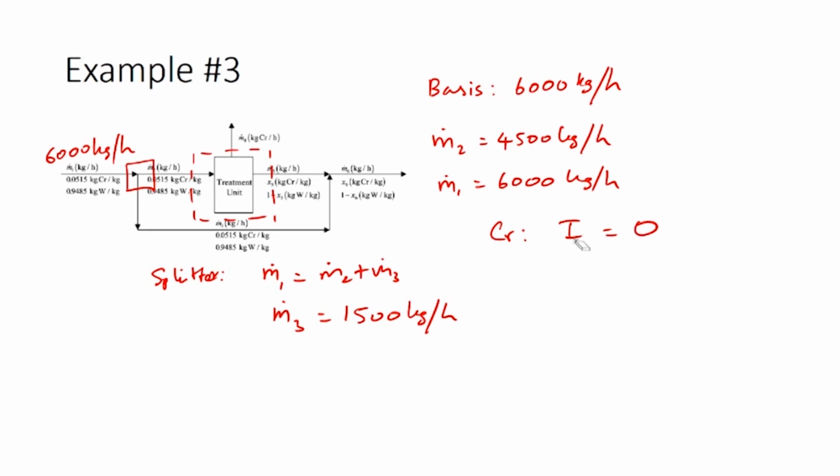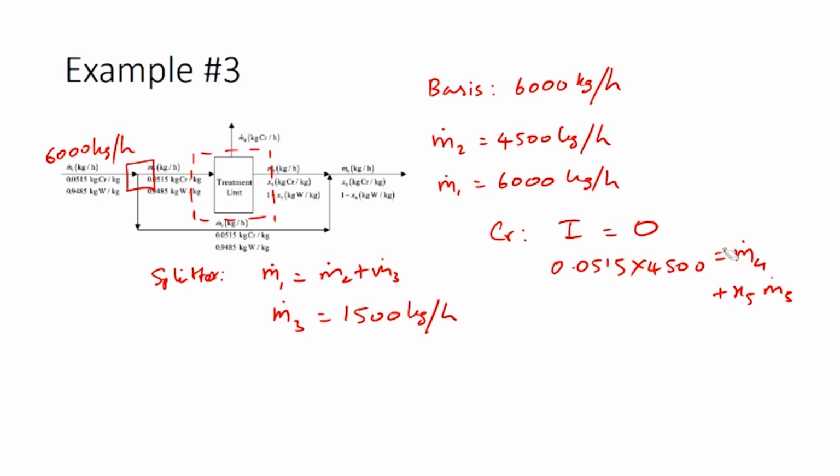So, input equals output. The input term would be 0.0515 times 4500, which is what would have to leave through M4 and M5. So, this would be M4 dot plus X5 M5 dot.